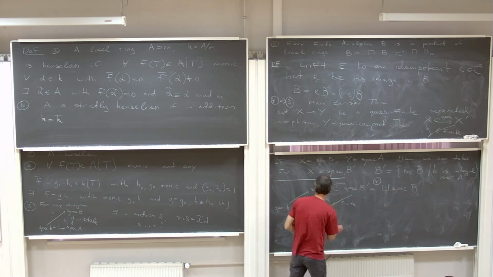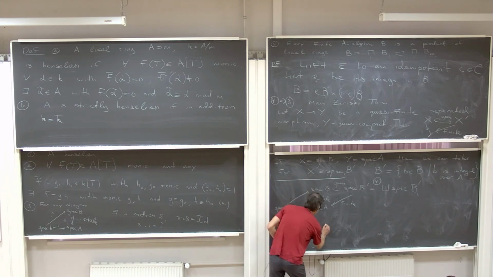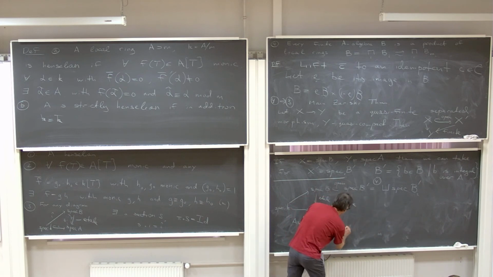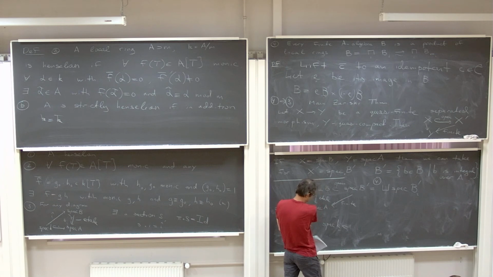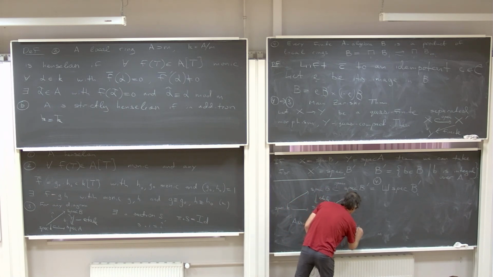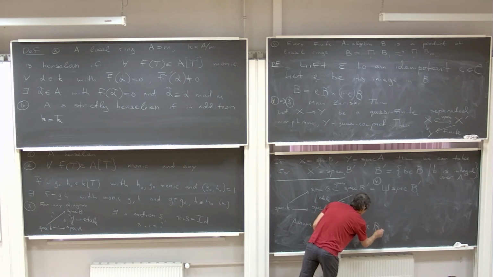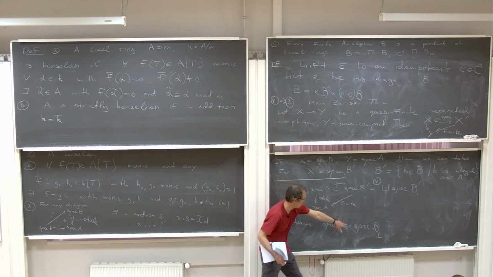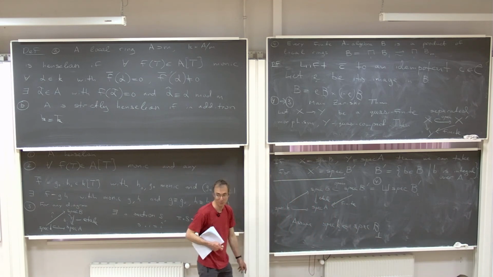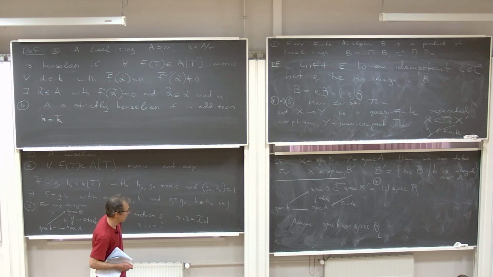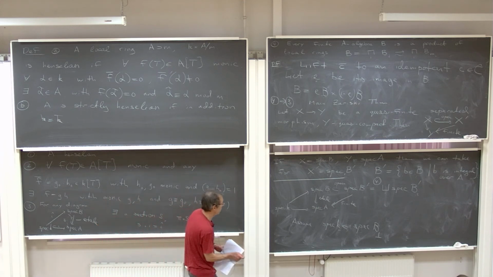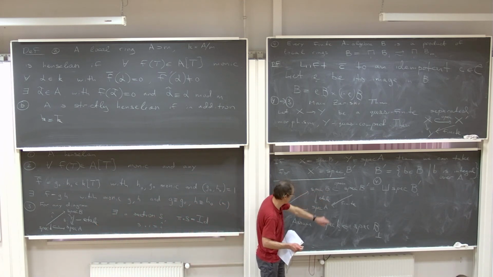So let's assume that Spec A, this point, lands into Spec B1, right? Choose i such that this is true. I choose i equal, yes, that's this map.